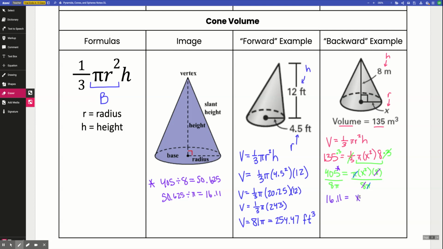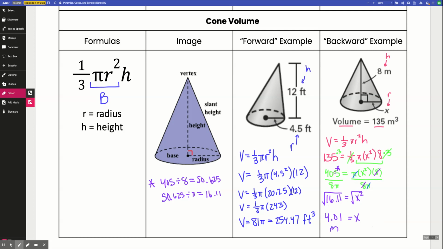So that equals x squared, because it's the only thing I have left. And then I'm going to take the square root of both sides. Okay, so when I do, I got 4.01 for x, and then my unit there would be meters.